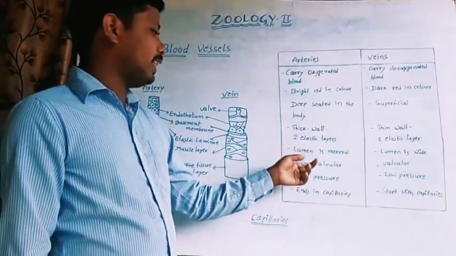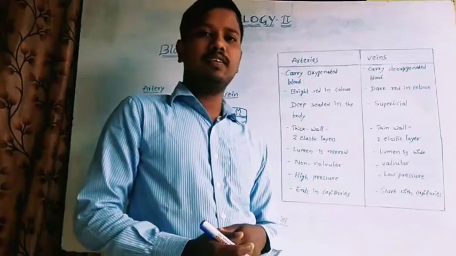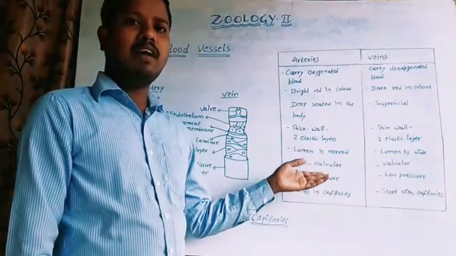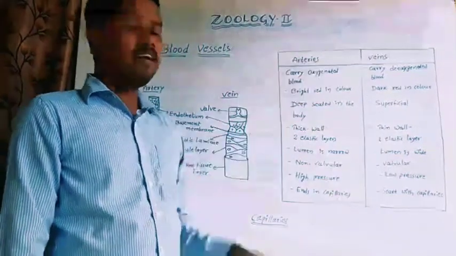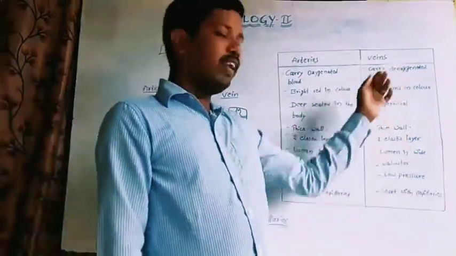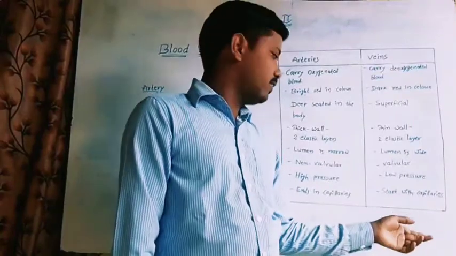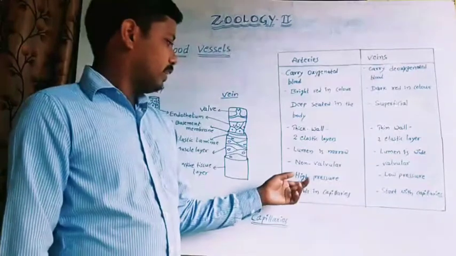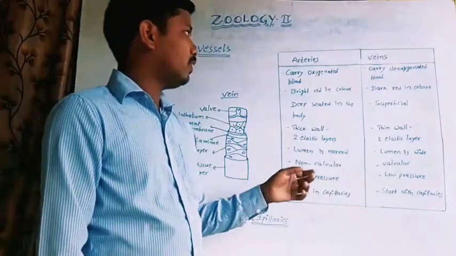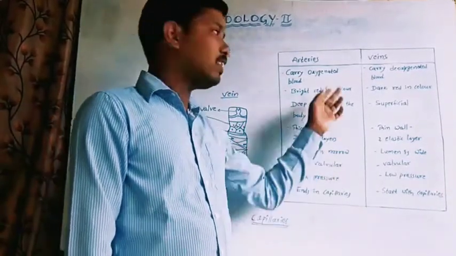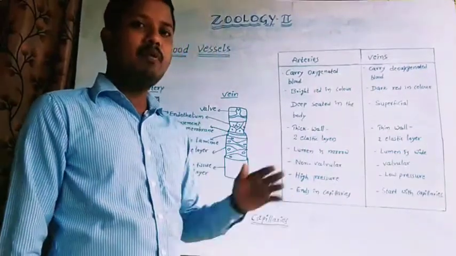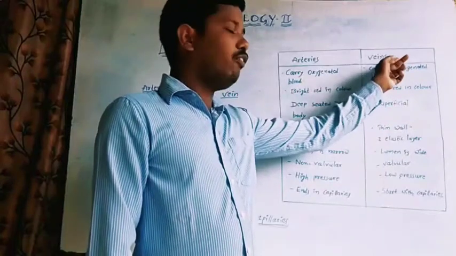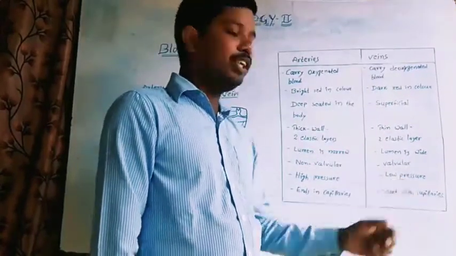Next, arteries do not consist of valves. That means there is absence of valves in the arteries. But veins consist of valves. Blood flows in the arteries with more pressure. Blood flows in the veins with low pressure.